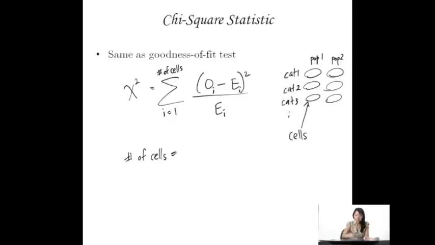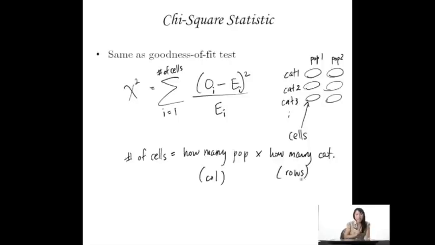Well, the number of cells is really how many populations, and that's usually shown in columns, times how many categories, and that's usually shown in rows, right? So you could also think of the number of cells as columns times rows. But really, the idea comes from how many different populations you're comparing, because in a chi-square test of homogeneity, you could actually compare 3 or 4 populations, not just 2, and how many categories you're comparing.